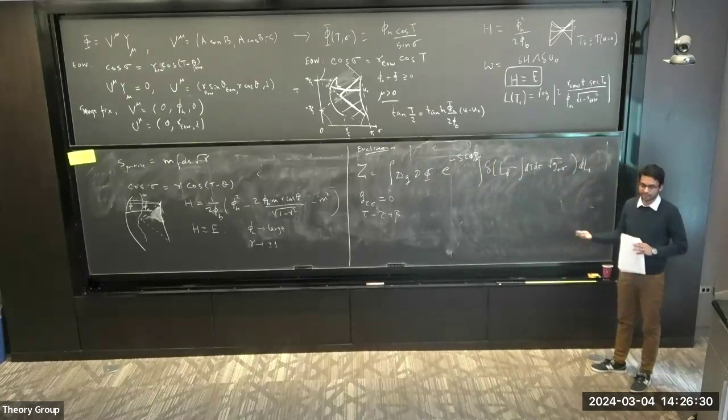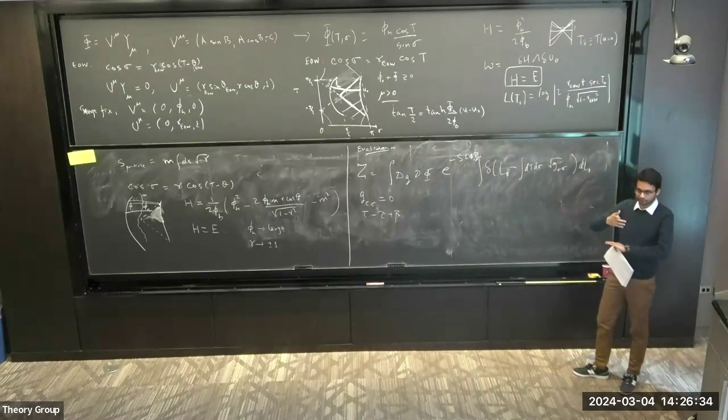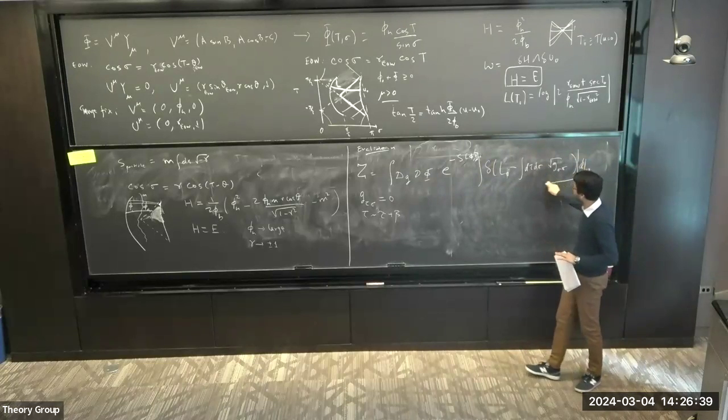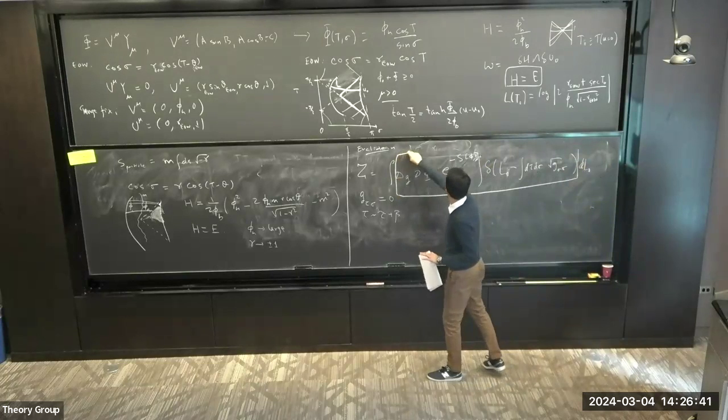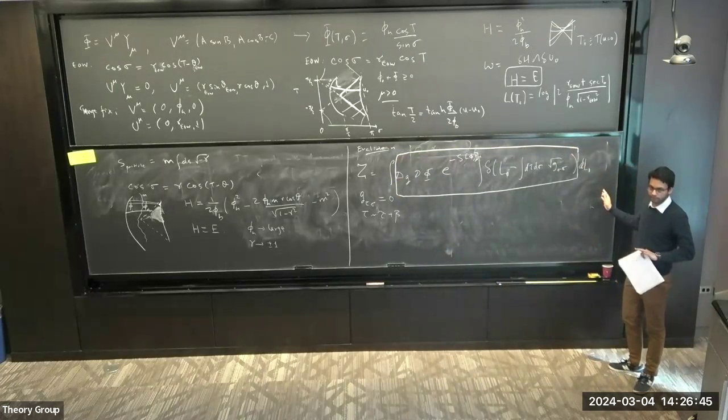So I'm really not changing anything. But what I want to do is interchange the order of the integral. I want to first find the saddle corresponding to this part, and then later do the L integral.